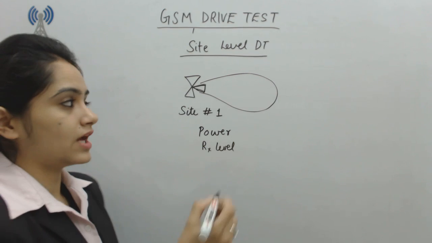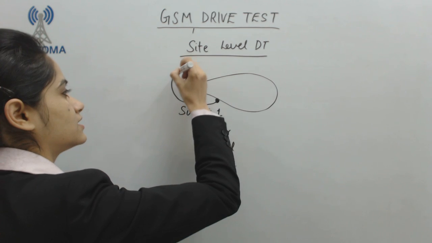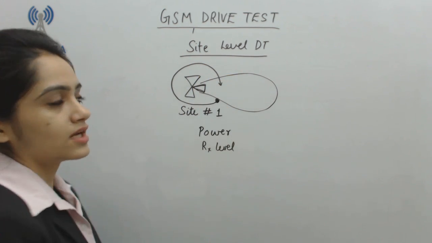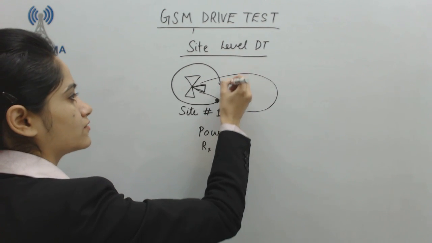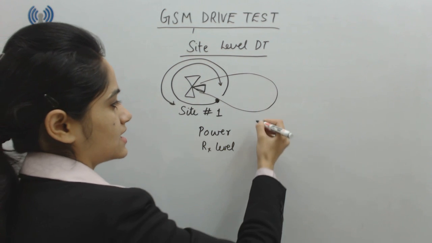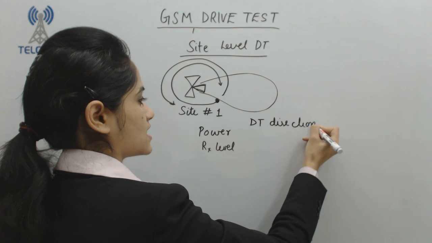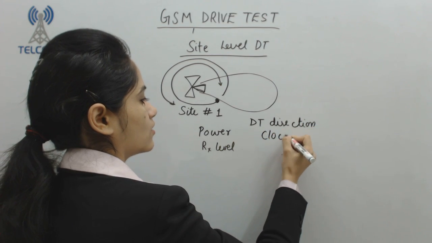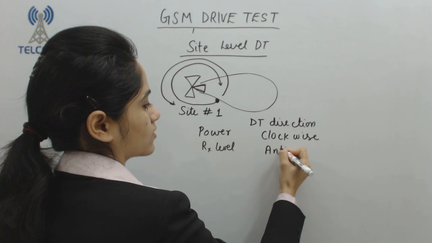So we have to stay at one point and rotate like this. Now this direction, that means the driving direction, could be anti-clockwise or it could be clockwise. So I can say that this DT direction, drive test direction, could be clockwise or anti-clockwise.